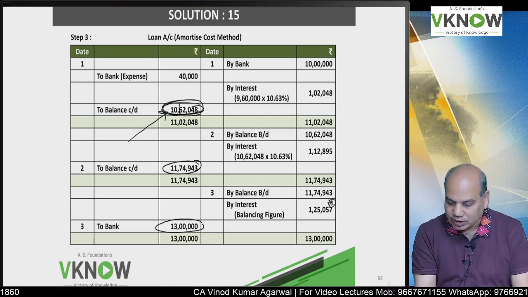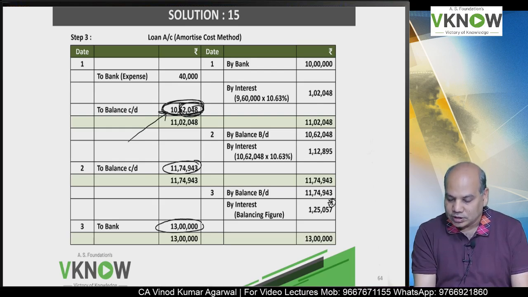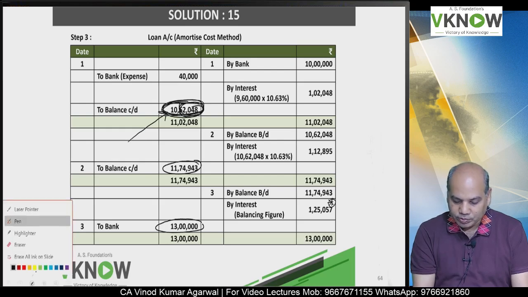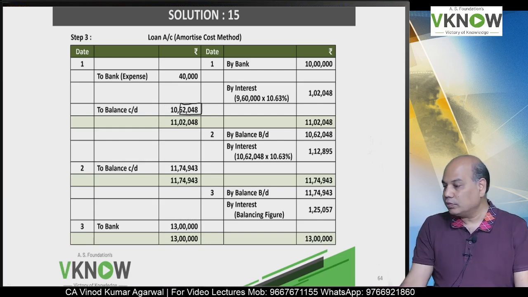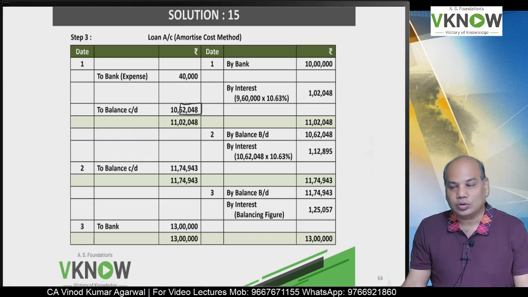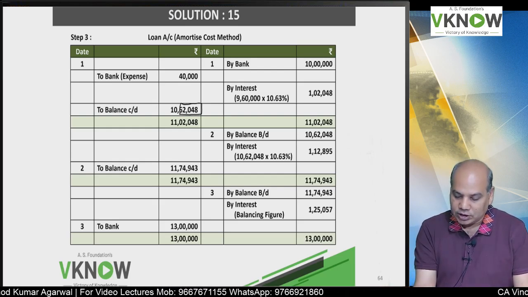So how much deduction will be allowed out of this 10,62,048? Please guess what the future deduction allowed will be. Out of 10,62,048, the future deduction allowed will be 62,048. The 10 lakh principal amount is not allowed.